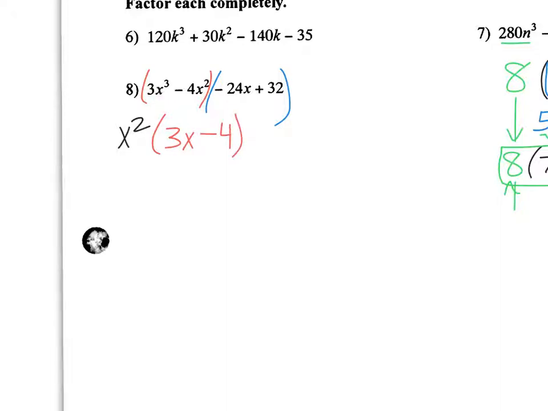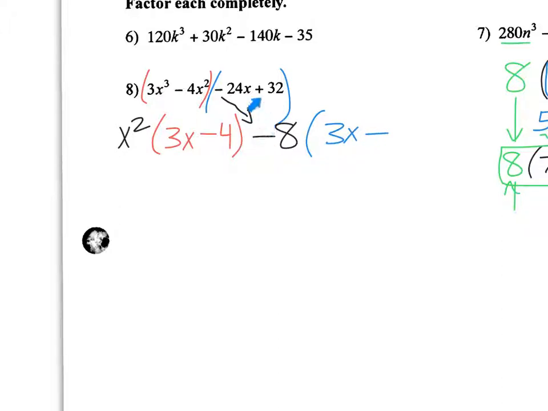And take out, okay, what'll go into 24 and 32? 8. Okay, what's that leave? 8 times 3. Now it's positive again because I took the negative out. And the next one, it was positive, I took a negative out. So that's going to make this a negative, because a negative times a negative is a positive, which is what I had up here. 8 times 4.